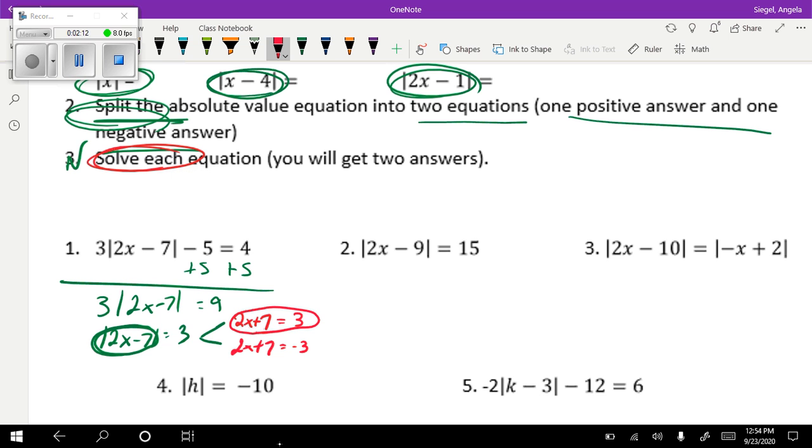For this one, if I subtract 7 and divide by 2, I get x equals -2. And for this one, if I subtract 7 and divide by 2, I get x equals -5.